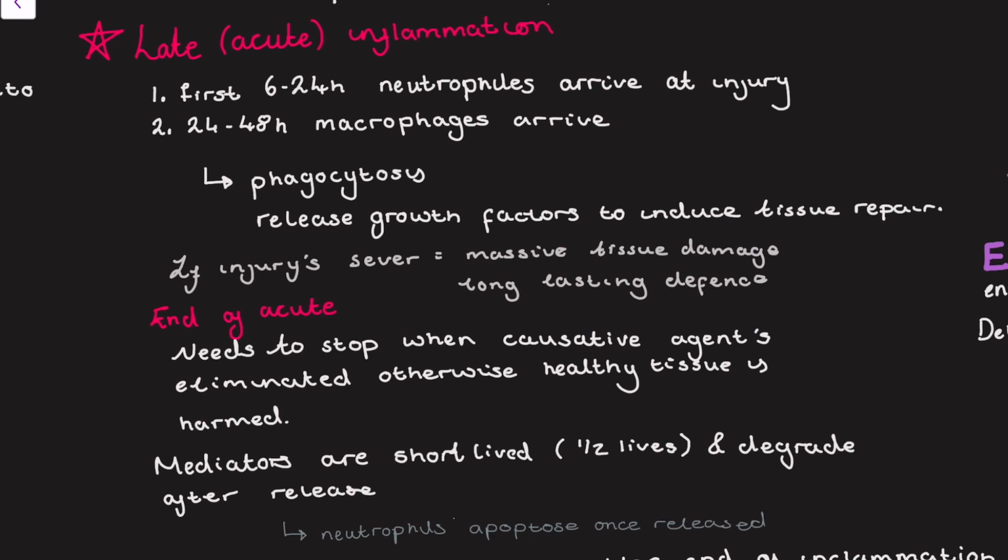Later on in inflammation, you have things like neutrophils arriving to the site of injury during the first 6 to 24 hours, which are then followed by macrophages between the 24 to 48 hour time period. Both of these cells can carry out phagocytosis, and they can also produce growth factors to induce tissue repair.